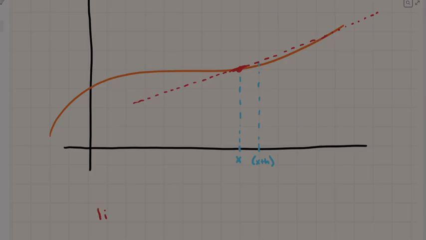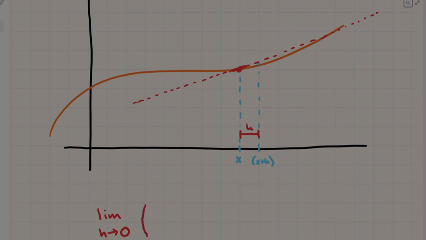And so we want to know the limit as that horizontal distance reduces to zero, as that horizontal separation becomes infinitely small, as h approaches zero.